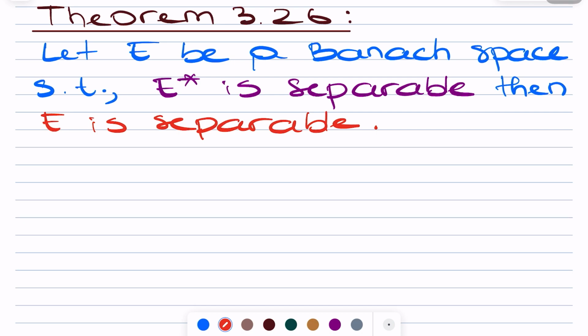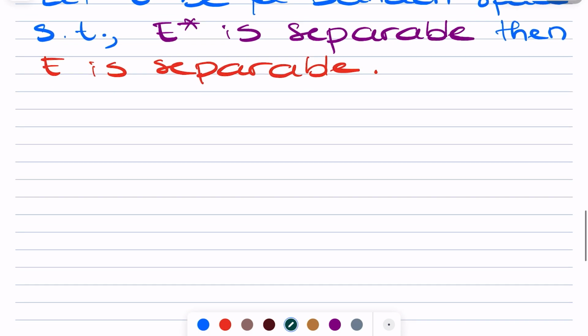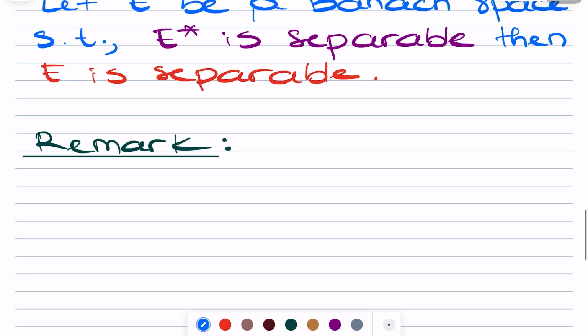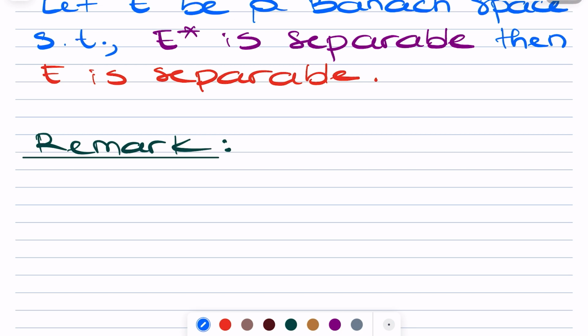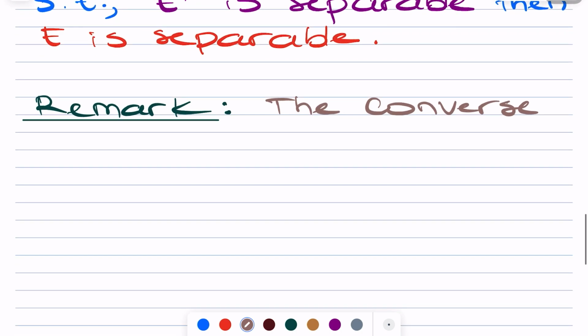Before going to the proof, let's have a remark. First thing to notice is that the converse is not true. I mean, if a space is separable, it doesn't mean that the dual space is necessarily separable.